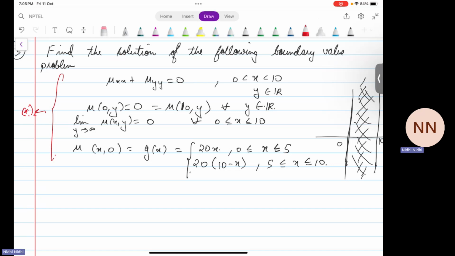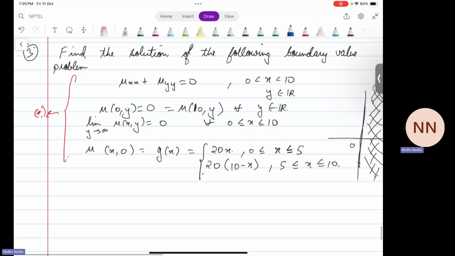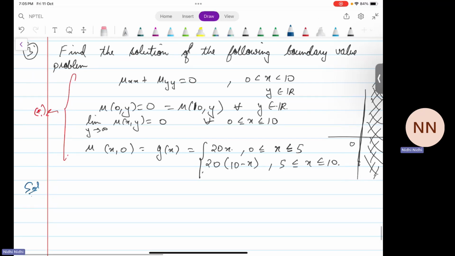After that, I'll solve. So please reach till the point where you will get lambda n equals minus (n pi by 10) whole square.